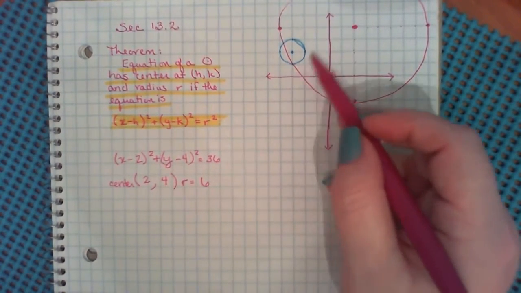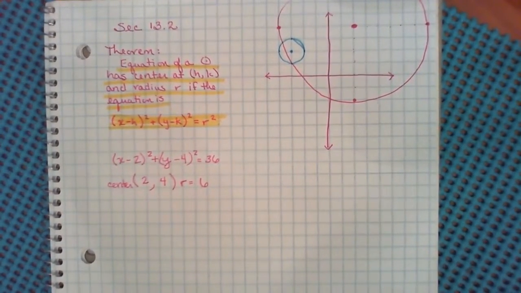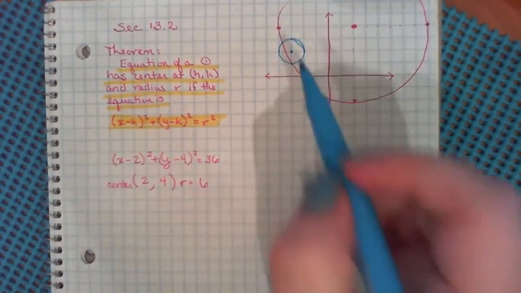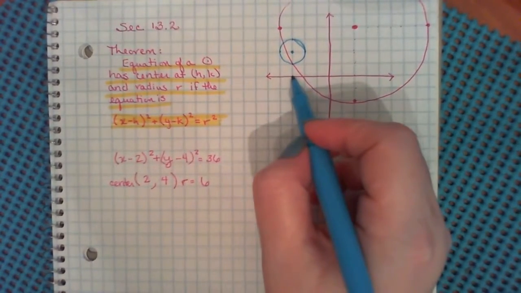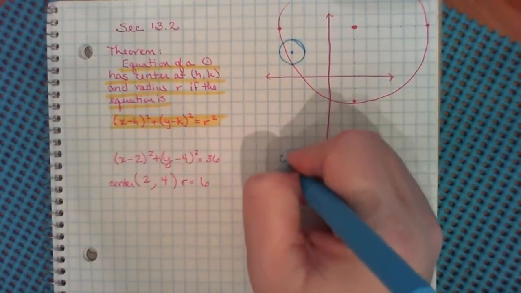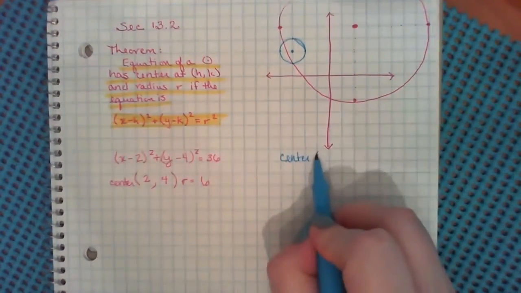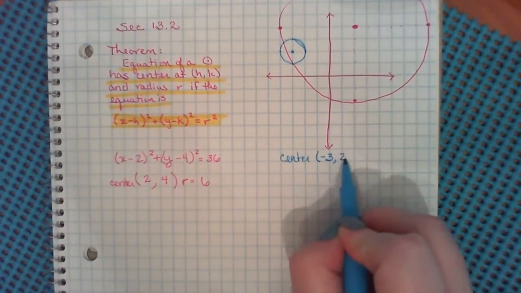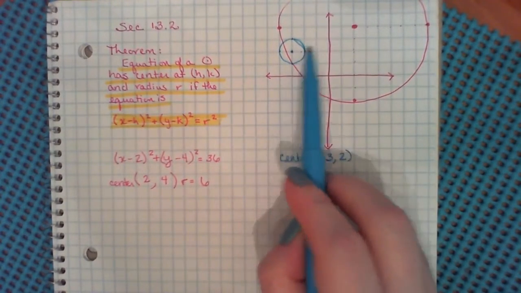Well, you also need to be able to go from the circle to write the equation. So here we know it has a center at (negative 3, 2), and its radius is just 1.